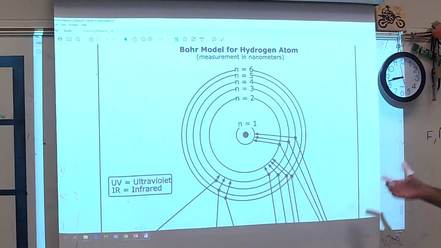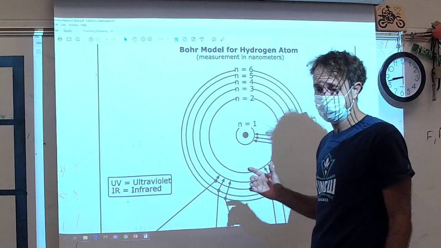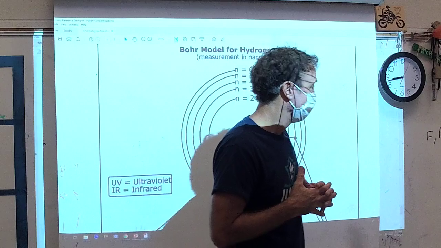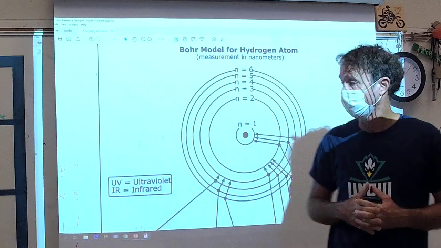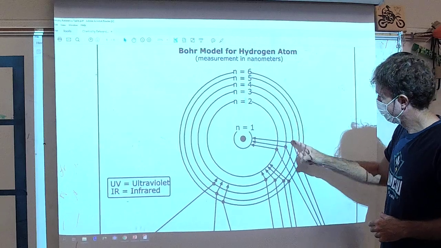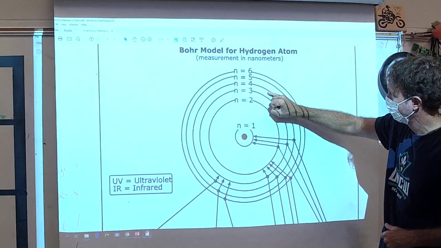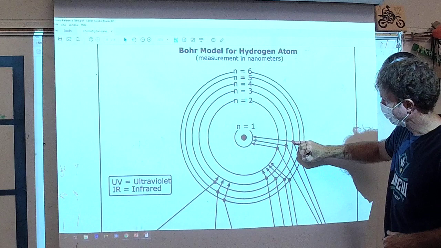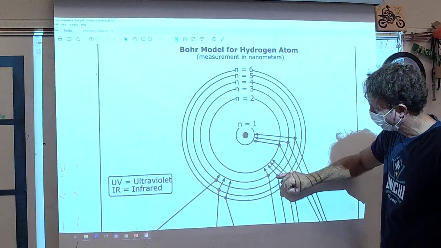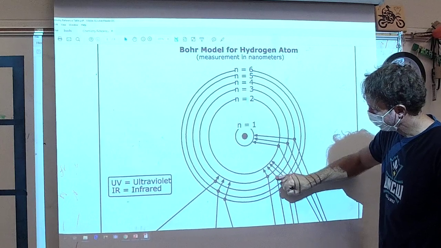So that last little GIF that we saw showed an electron dropping from level N4 to level N2, all right? Level N4 is this ring, energy level 4, to level N2.